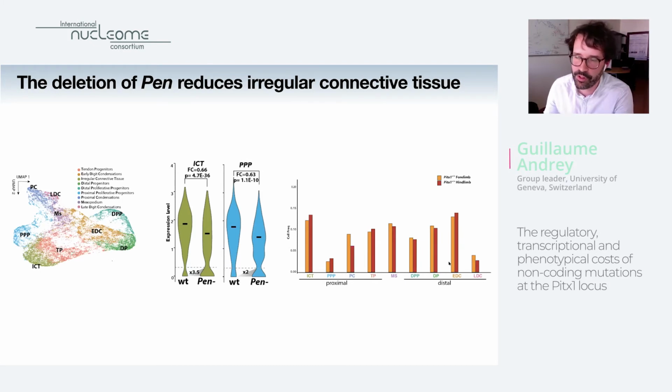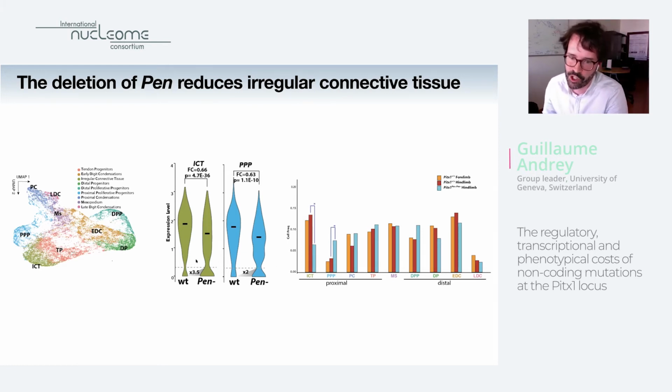Now, if we remove the enhancer, what we see is a decrease of irregular connective tissue and an increase of progenitor cells, which are basically these two clusters where we see indeed a very strong increase in Pitx1 non-expressing cells. So this is our link from a very weak loss of expression to a very clear phenotype at the end, the clubfoot.